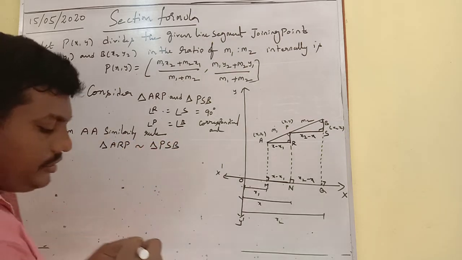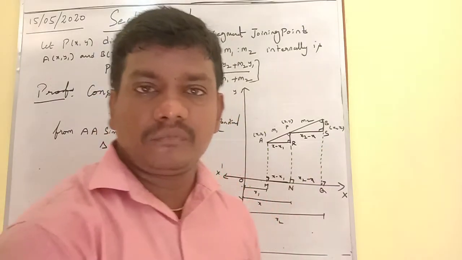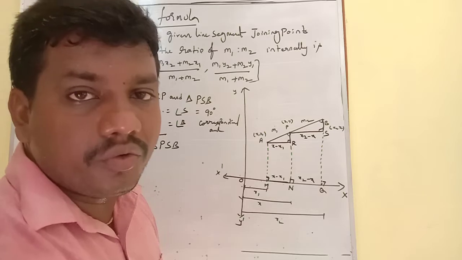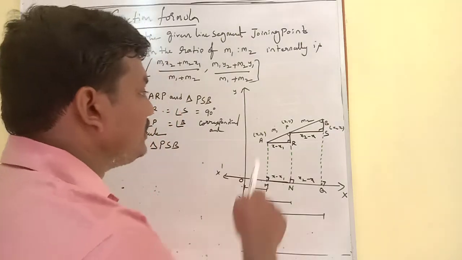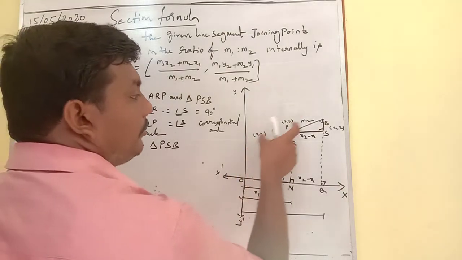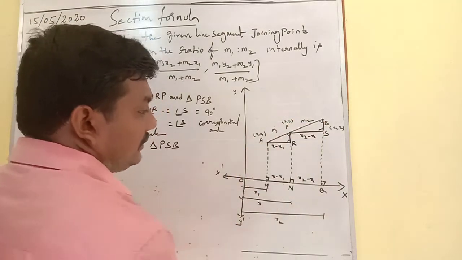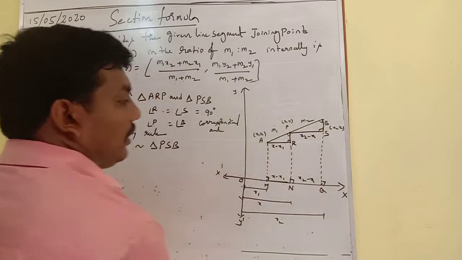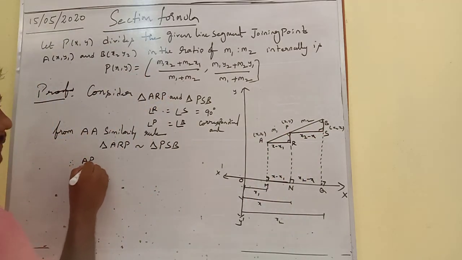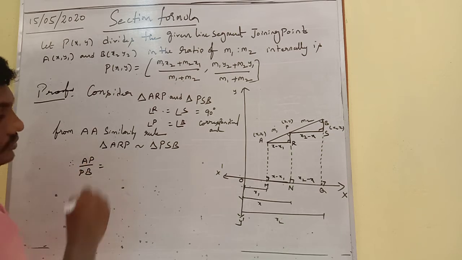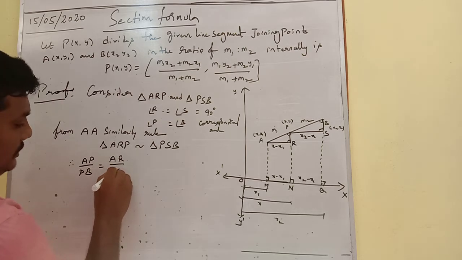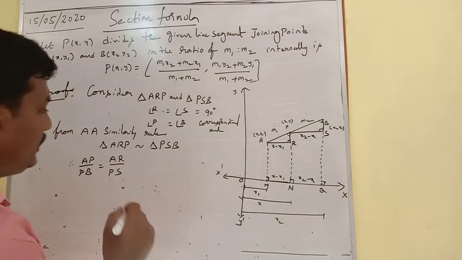When two triangles are similar, then their corresponding sides are in the same ratio, or proportional. What are the corresponding sides? AP and PB are corresponding sides, AR and PS are corresponding sides. Therefore AP by PB is equal to AR by PS.